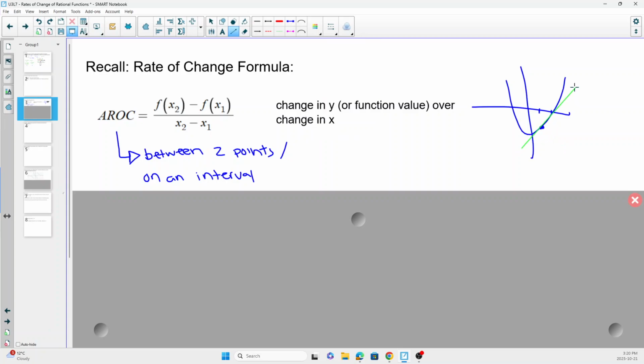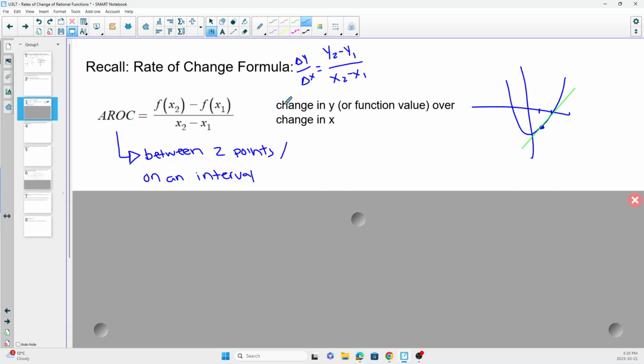So we would draw the secant line, and then what we're doing is we're calculating the slope of that line using our formula that you guys have been using since grade 9, right? So we've got our change in y over change in x. This is the same as your y2 minus y1 over x2 minus x1, which is your delta y over delta x.